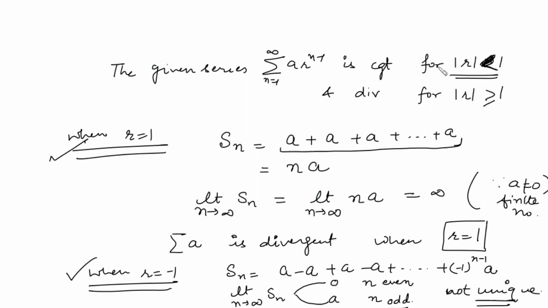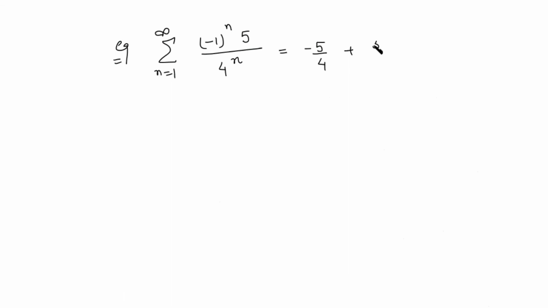For example, let's suppose you are given a series of the form minus 1 to the power n into 5 divided by 4 to the power n, where n is varying from 1 to infinity. Now just see what your series will be. It will be minus 5 by 4, then plus 5 by 4 square, then minus 5 by 4 cube, and so on. Here your first term is minus 5 by 4 and the common ratio is minus 1 by 4.